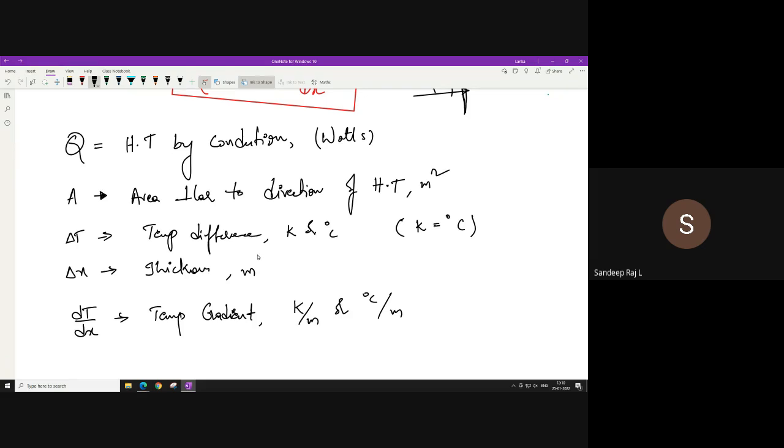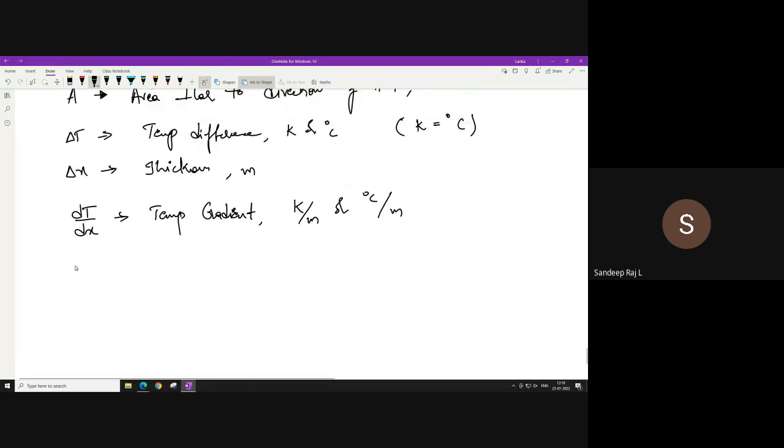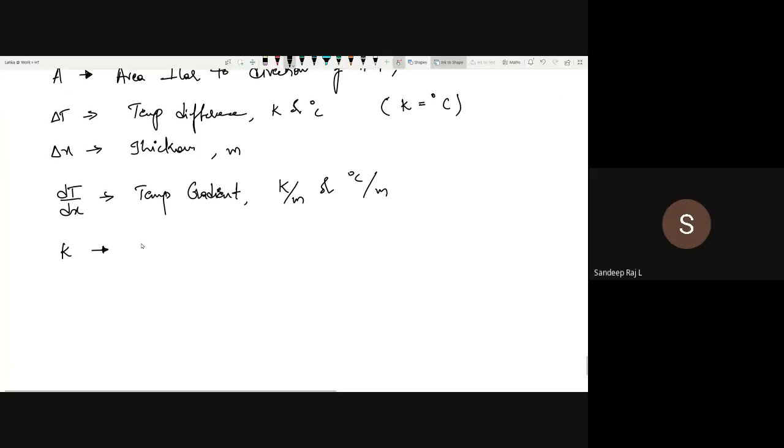This we have seen in the last class already. And we have also seen what is K. It is the proportionality constant, and it is called thermal conductivity. What is the unit of thermal conductivity that we have seen in the previous class?